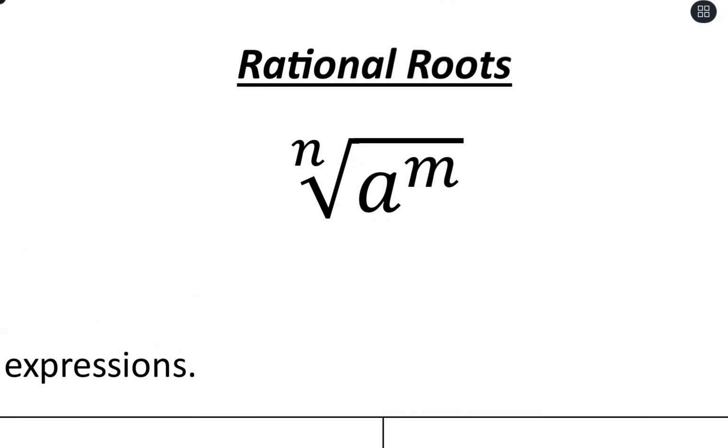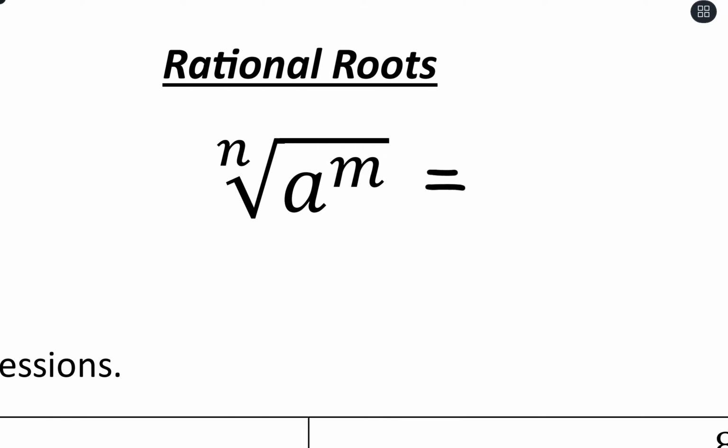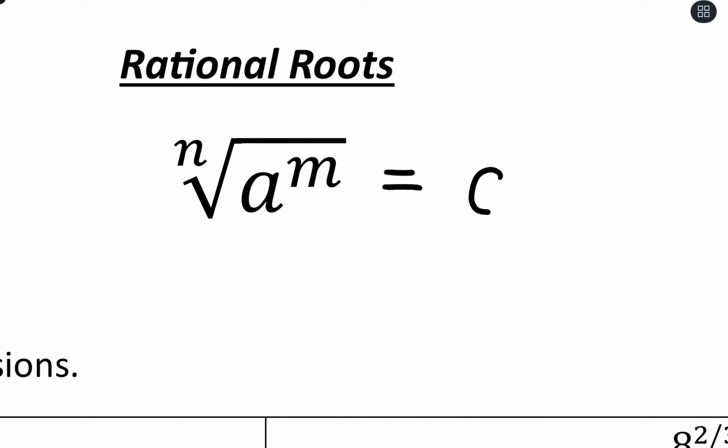So let's say we're taking the nth root of a to the power of m. What we can do is rewrite this keeping that base of a, and then our exponent of m goes in the numerator, and the root that we're taking goes in the denominator.